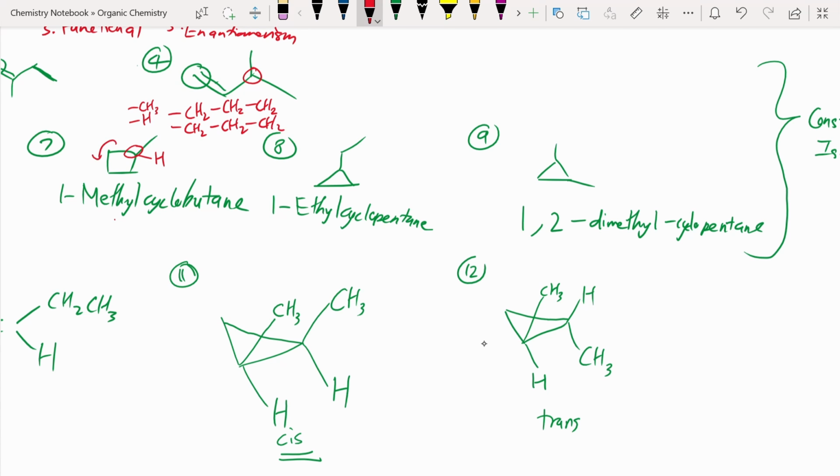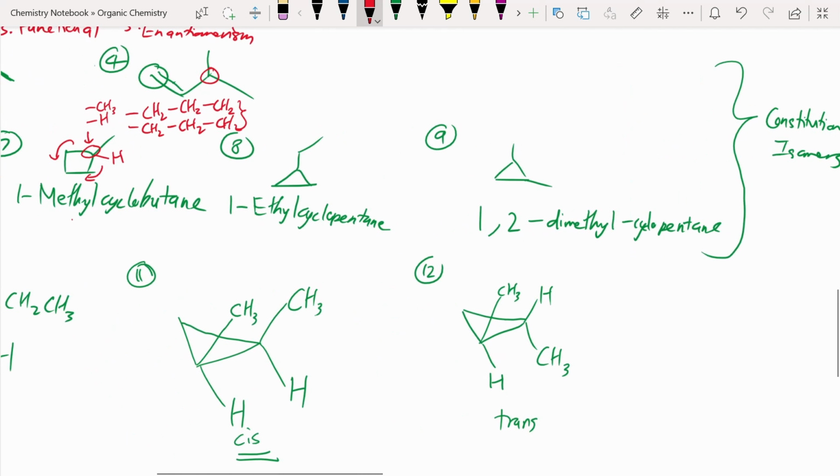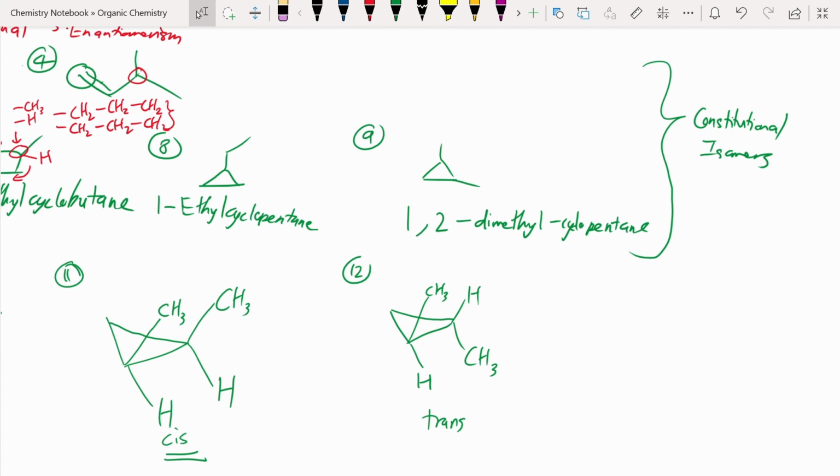Whether you go this way or this way, you'll still get these two same groups. So that's why there's no chiral carbon for this molecule. For 8, also the same case because it's symmetrical.